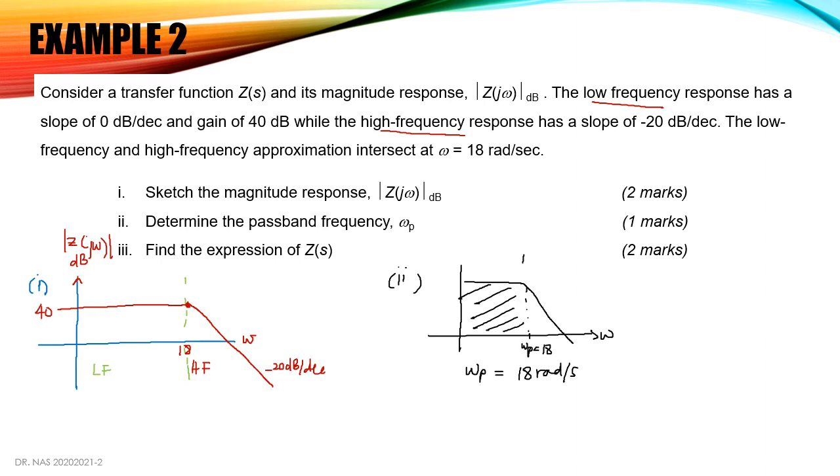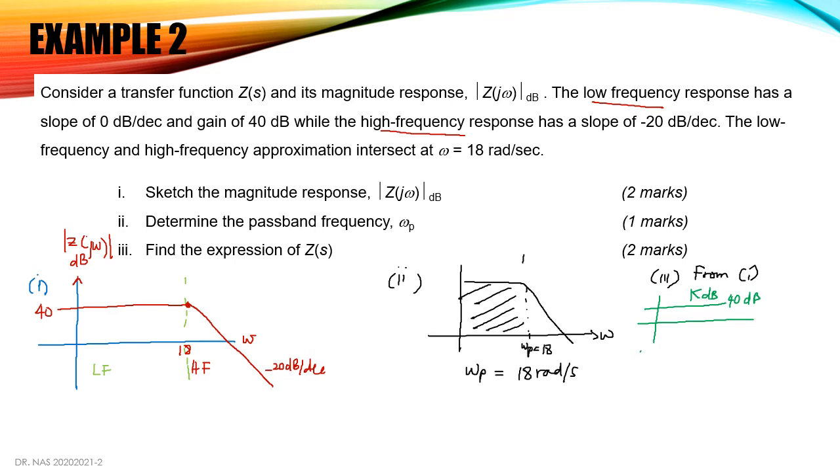So find the expression of Z(s). Okay, so from the plot, you can deduce the components. The first one, you have the straight line. For the straight line, we know it is a constant. Okay, 40 dB line. This is the constant K in dB.